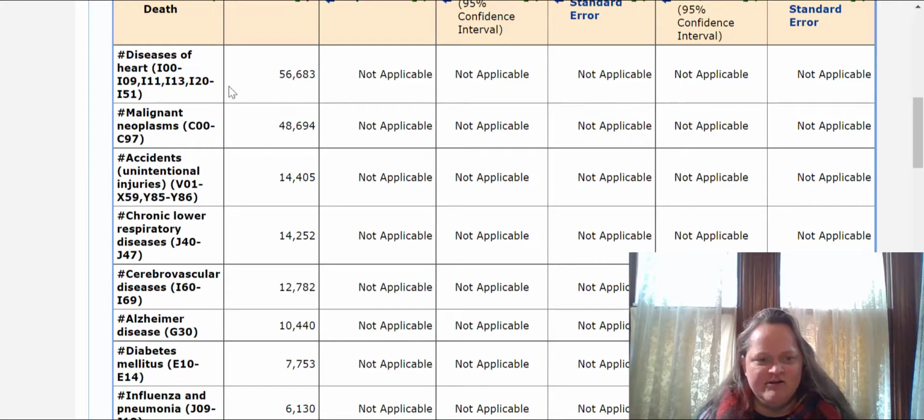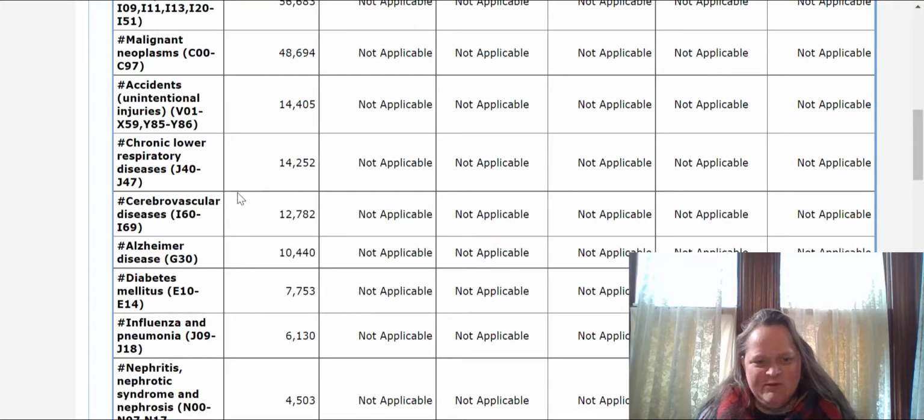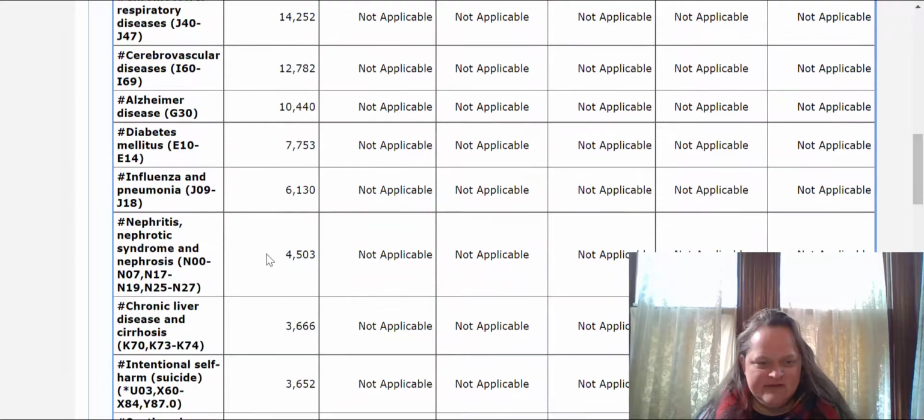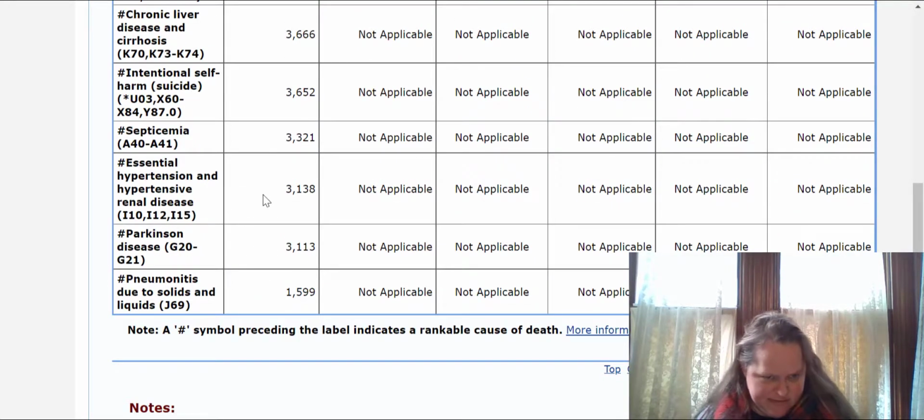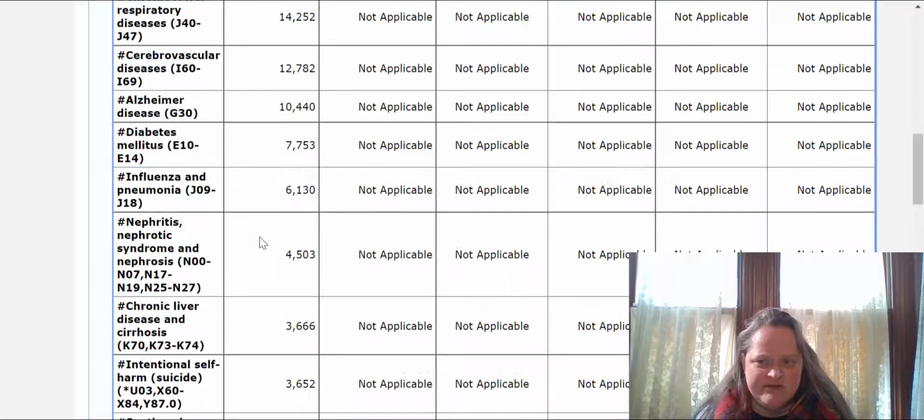So I have heart disease, then cancer, then accidents, then chronic lower respiratory. I mean, we're getting the standard ones. We see flu here, diabetes, the kidney, chronic liver, suicide, pneumonitis. So people aspirating stuff in their lungs, and that tends to be older people. Parkinson's disease.